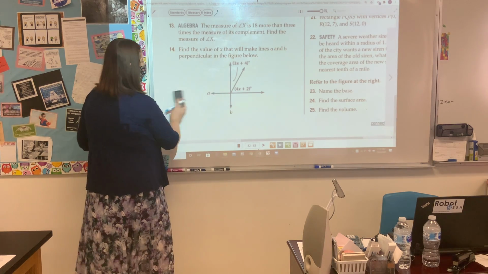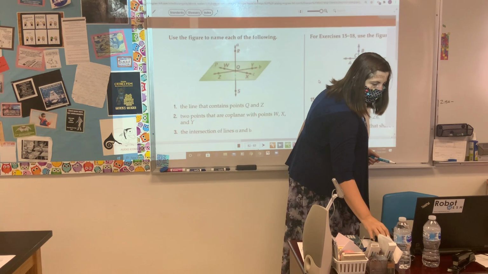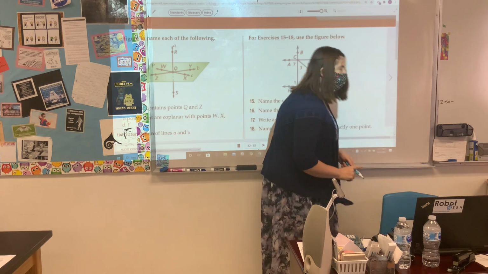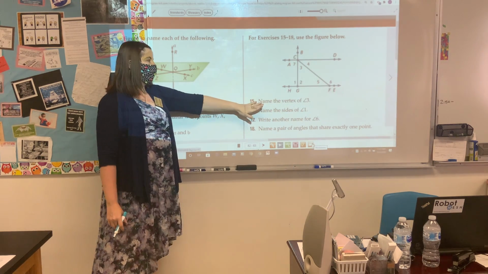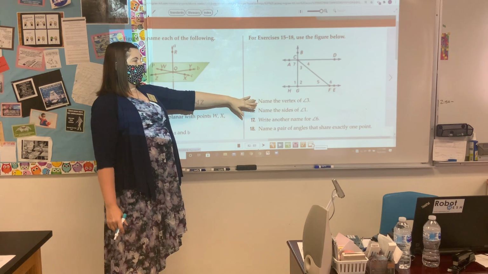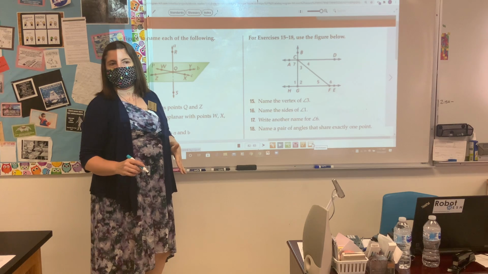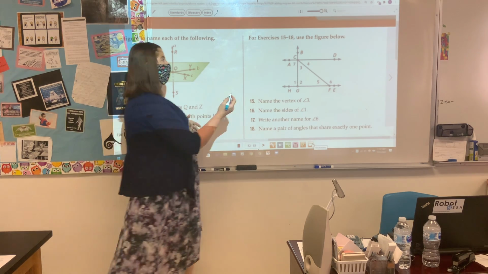Okay, let's look at 15. Scoot this over. Now we're looking over here. What do I need to do whenever I name an angle? What has to be in the middle if I'm describing an angle? A vertex.